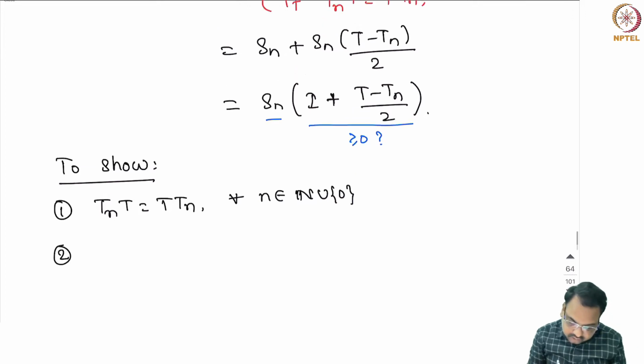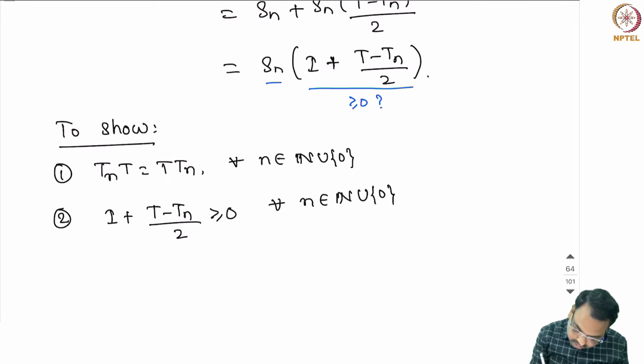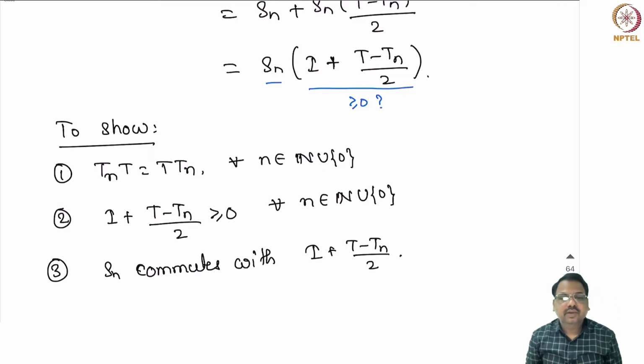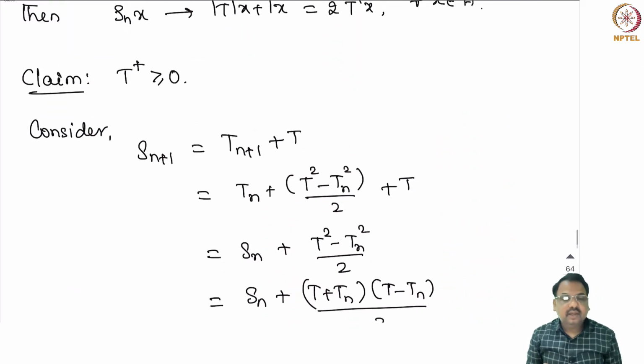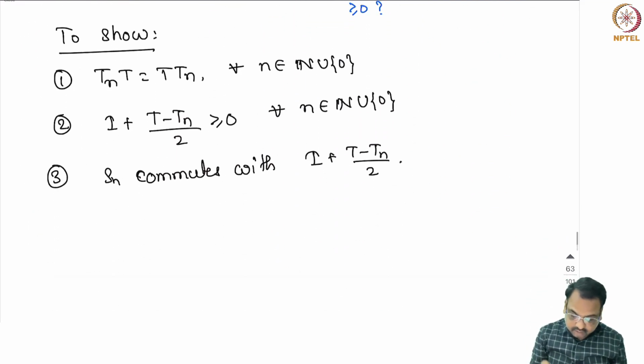The second point is that I plus T minus Tn by 2 is positive for every n in N union 0. Third one is that Sn commutes with I plus T minus Tn by 2. So these are the 3 points we want to show, and once we show that, we can conclude that the Sns are positive. Since Sns are positive, we can conclude that T plus is positive. That is the overall idea of the proof.